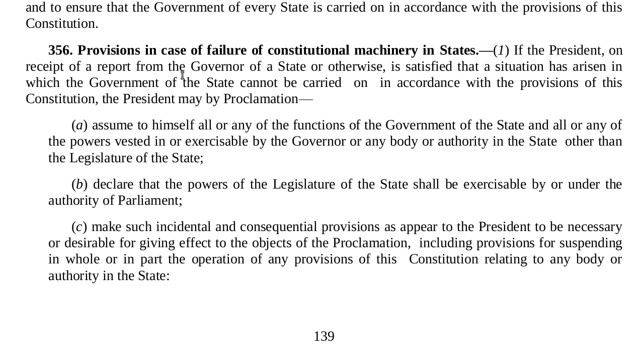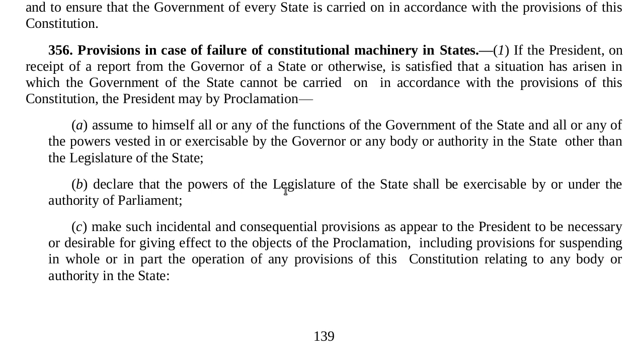If the President on receipt of a report from the Governor of a state or otherwise is satisfied that a situation has arisen in which the government of the state cannot be carried on in accordance with the provisions of this Constitution, the President may by proclamation A. assume to himself all or any of the functions of the government of the state and all or any of the powers vested in or exercisable by the Governor or any body or authority in the state other than the legislature of the state.